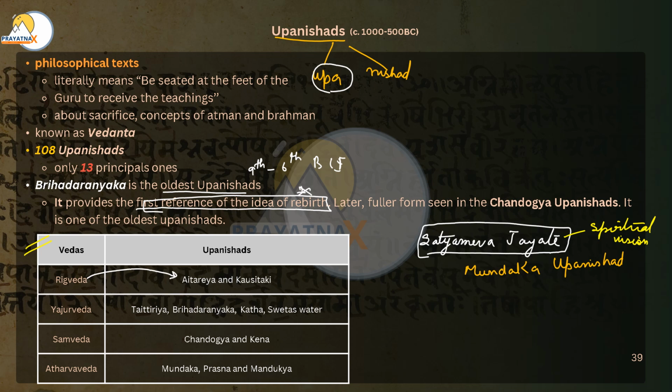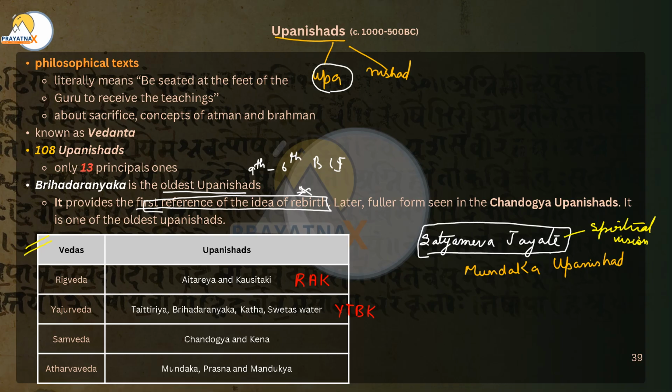Now, I'll help you remember this in a very easy way. Now, pay attention carefully. Let's create mnemonics for this. For this, we can consider Rak. For this, it will be YTBK.